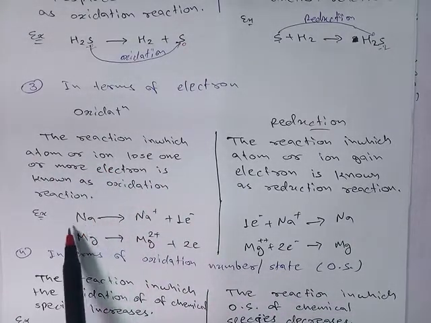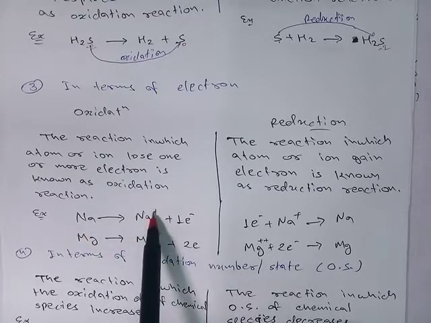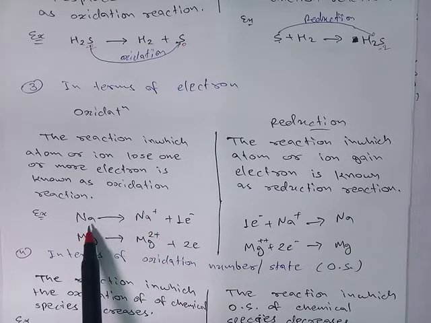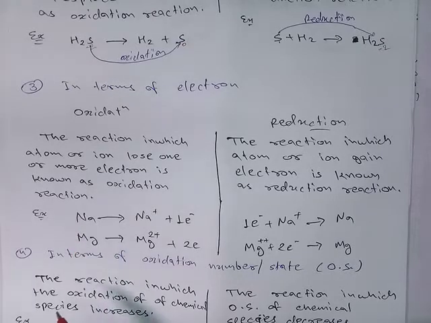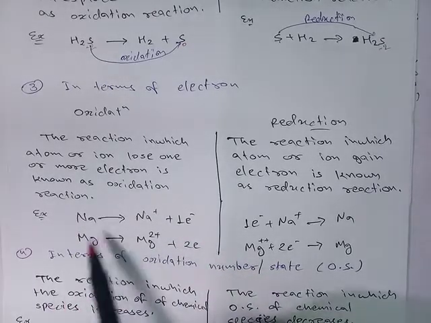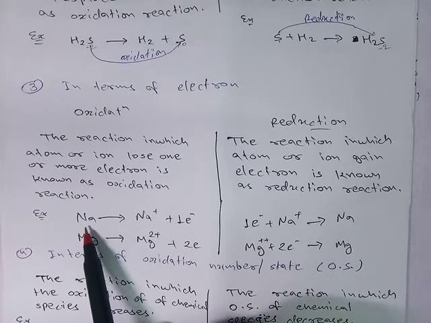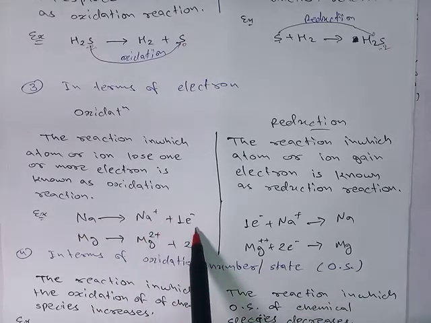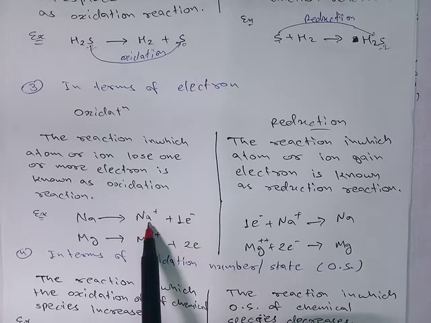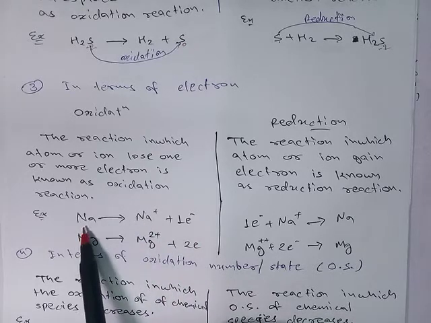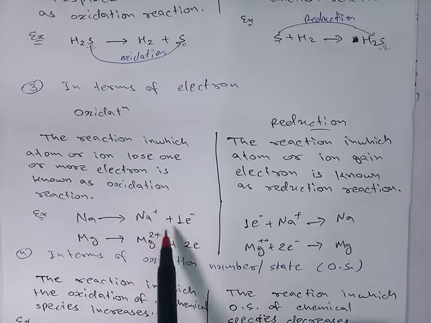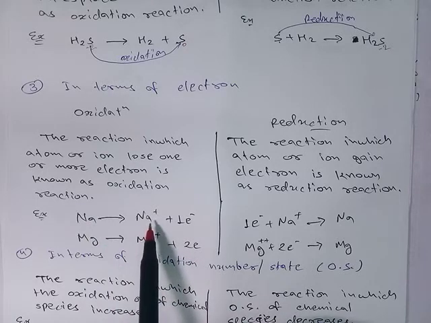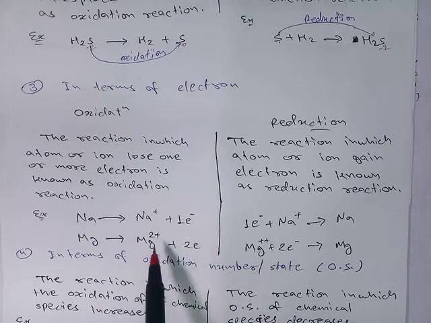Here the example is sodium converted into sodium plus ion. The atomic number of sodium is 11, so a sodium atom contains 11 electrons. Sodium is converted into sodium plus by the removal of 1 electron. Here the oxidation number of sodium is plus 1, but the sodium in the reactant is 0.